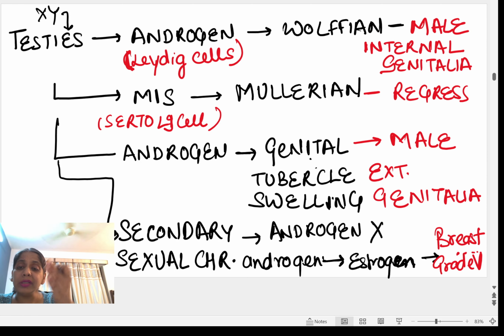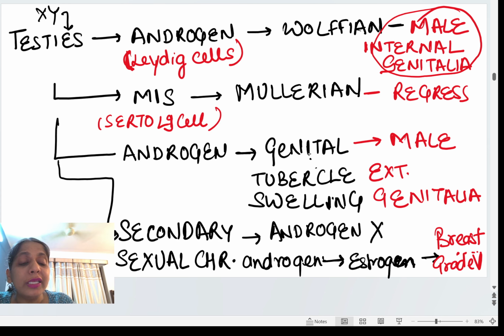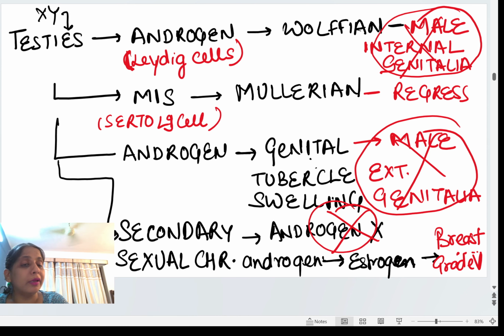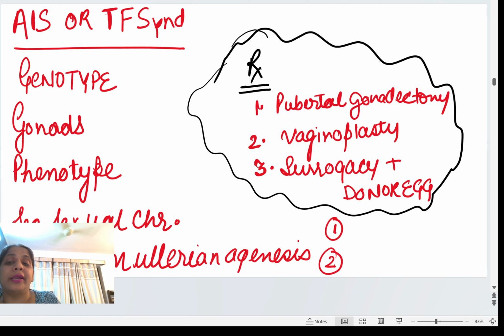Then all this functioning of androgen, the formation of male internal genitalia and male external genitalia, will not be there, because these androgen receptors are at fault. The secondary sexual characteristics will not be there, right? So what will happen now?